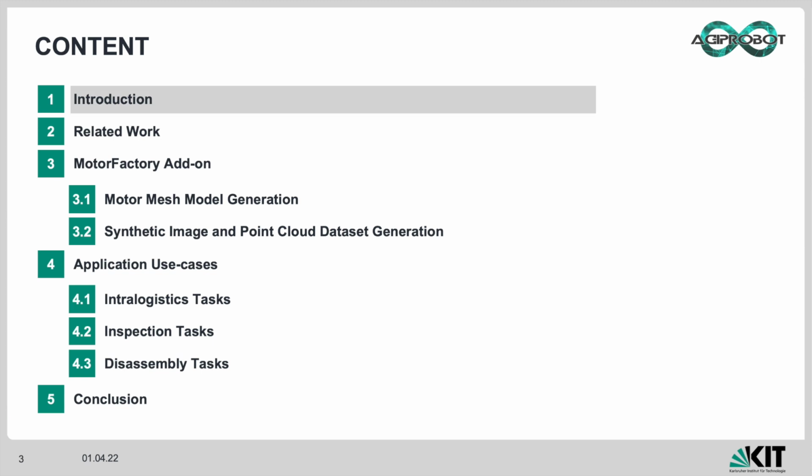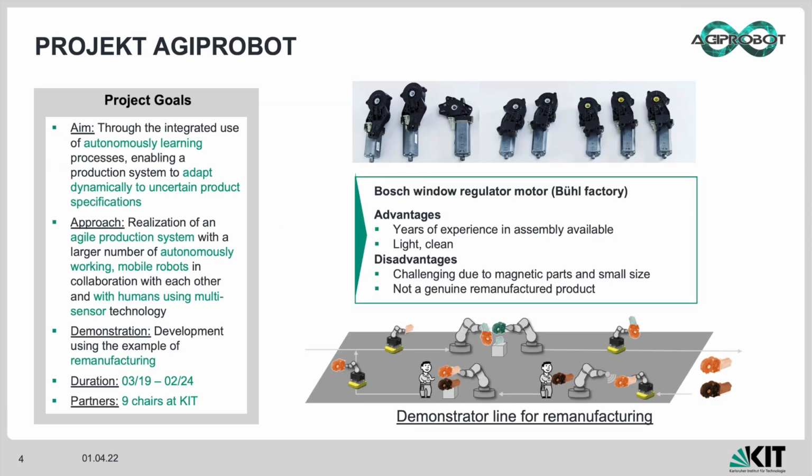Now let's start with the background introduction, which is the ArchiProbot project. To enable automatic disassembly of different product types with uncertain condition and degree of wear in remanufacturing, agile production systems that can adapt dynamically to changing requirements are needed.